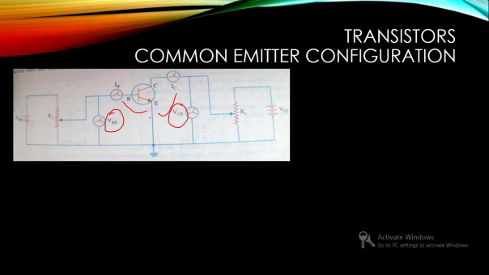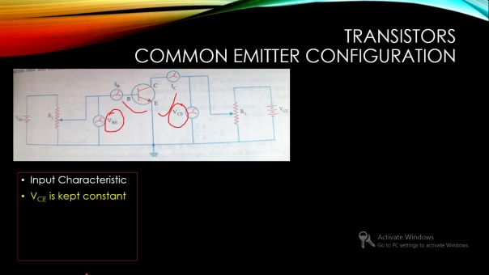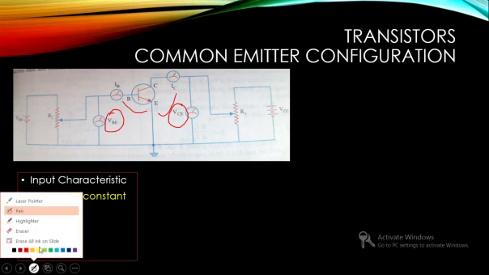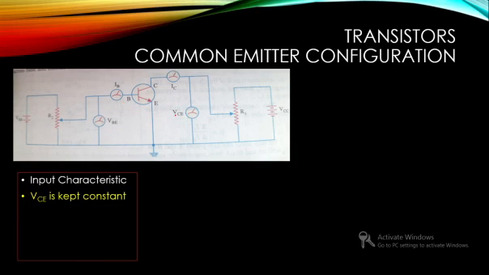We will be studying the input characteristics, output characteristics, and current characteristics. The first one is input characteristics. Input characteristic means we will be keeping VC, that is the output, constant, and studying the input current IB and input voltage VB.